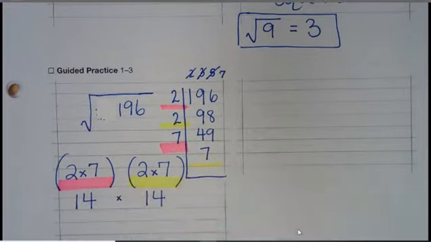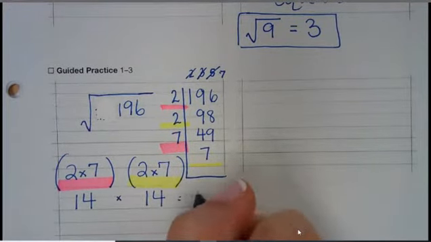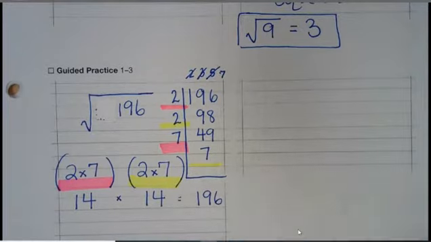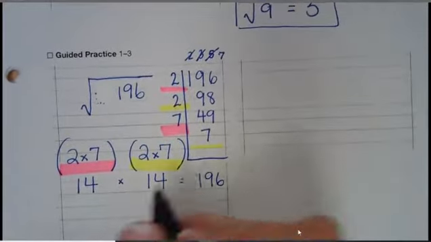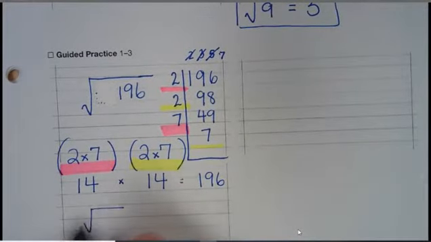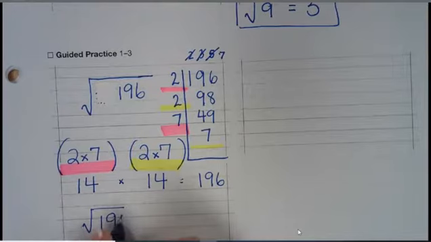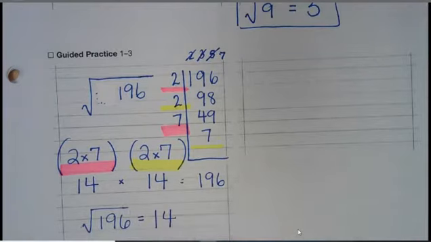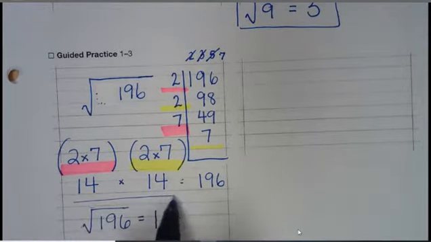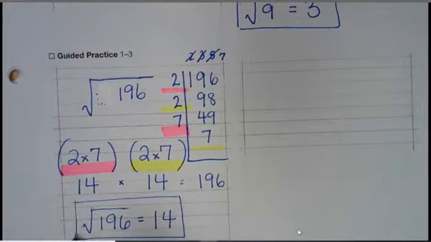If I multiply 14 by 14 together, I get 196, which is what I was finding the square root of. So then I know my answer is the square root of 196 is equal to 14. Again, I don't put the squared symbol on there because I'm finding the square root of it.